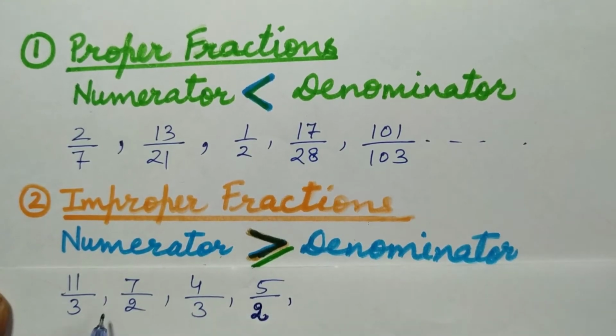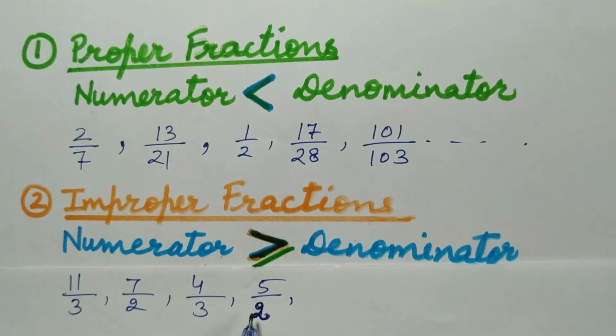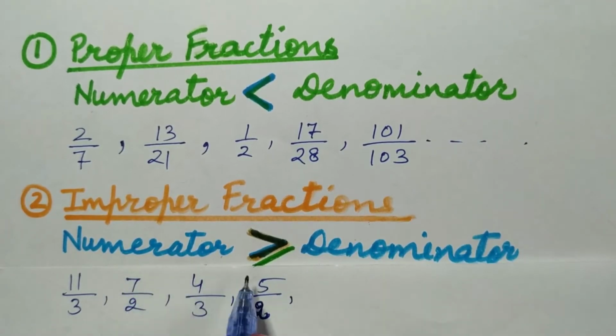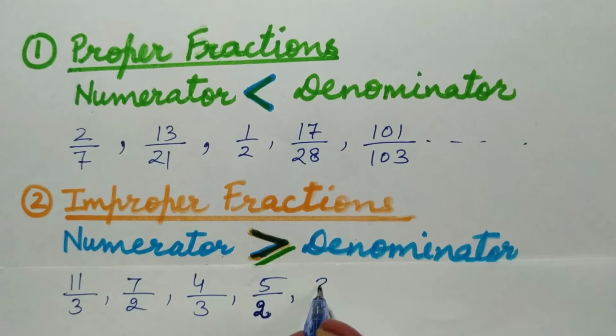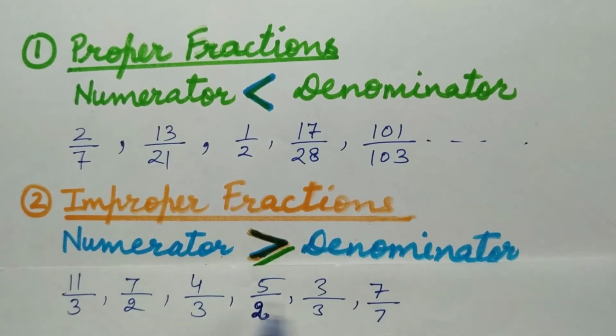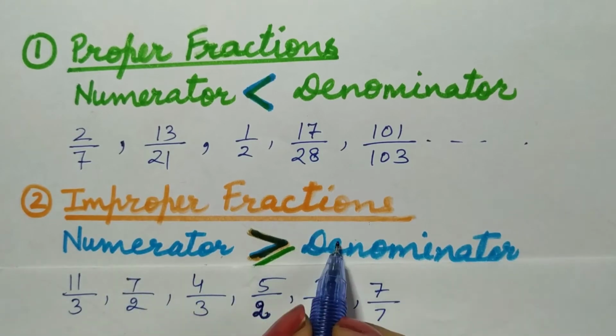These are examples in which the numerator is greater than the denominator. Other examples are when the numerator is equal to the denominator, like 3 by 3, 7 by 7. All these are improper fractions.